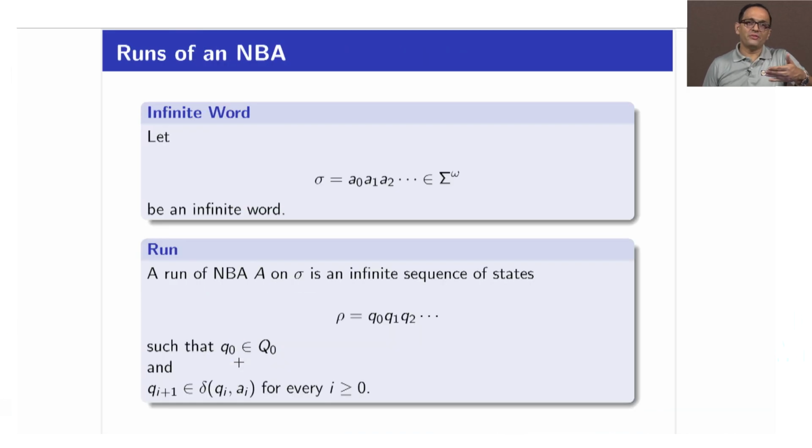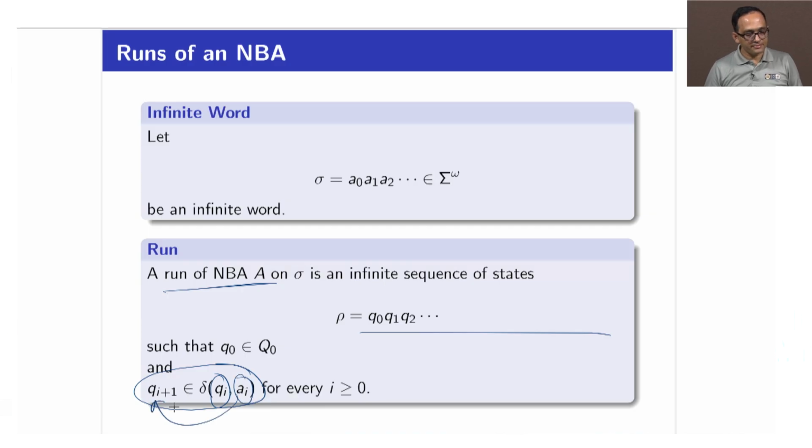And I have already defined the accepting runs: if one of the runs for the input accepts. So, let us define that formally. A run in an NBA is basically an infinite sequence of states which follows the transitions. So, if you are in state Qi and you give the input Ai, it will go to Qi plus 1. If you take this run, you will get a word, because every transition is associated with an alphabet symbol.